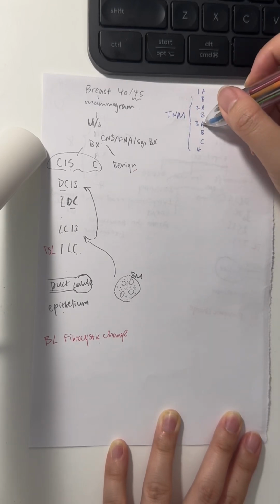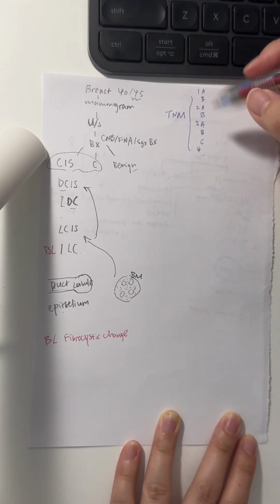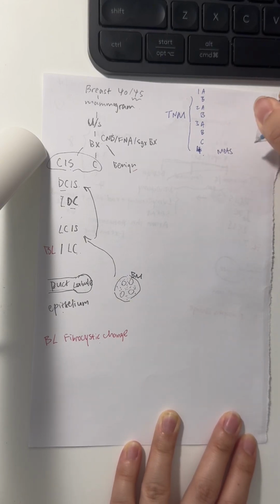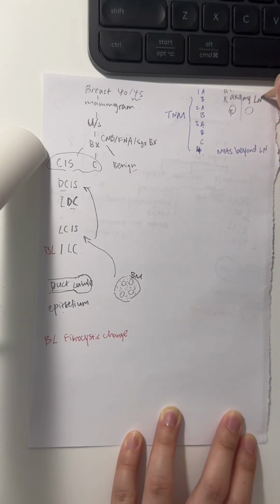But anyway, there are a total of 8 scores, with 4 being the worst prognosis, and this is where the metastases have gone beyond the lymph nodes. Imagine this is our midline, and that's our right breast and left breast. The most common site of breast cancer metastases is always the axillary lymph node.